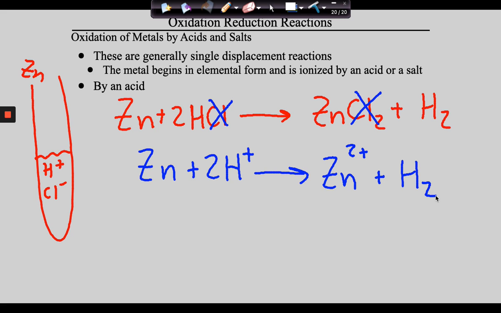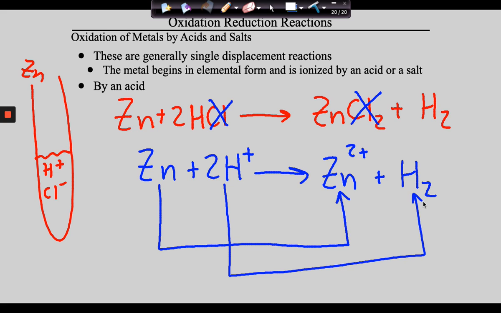So now there's a whole host of questions that you need to be able to answer. I would encourage you to do this with me. Draw lines similar to these to connect your reactants and products. So guys, do this with me then.